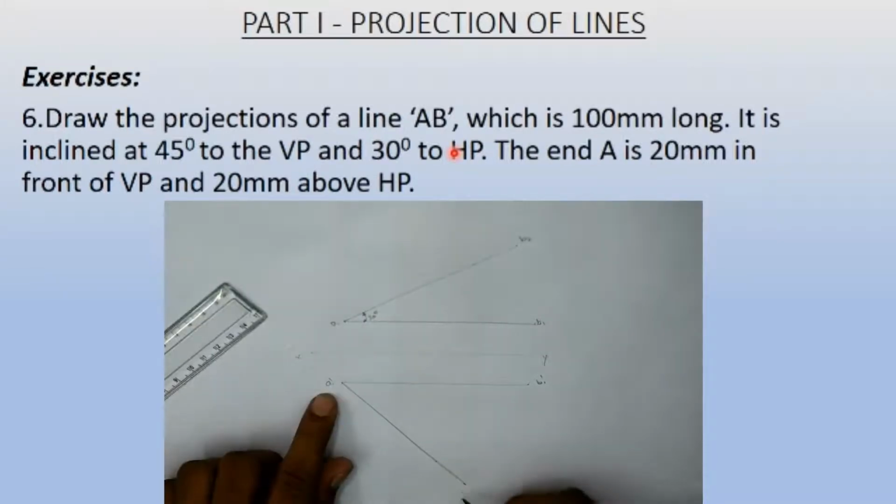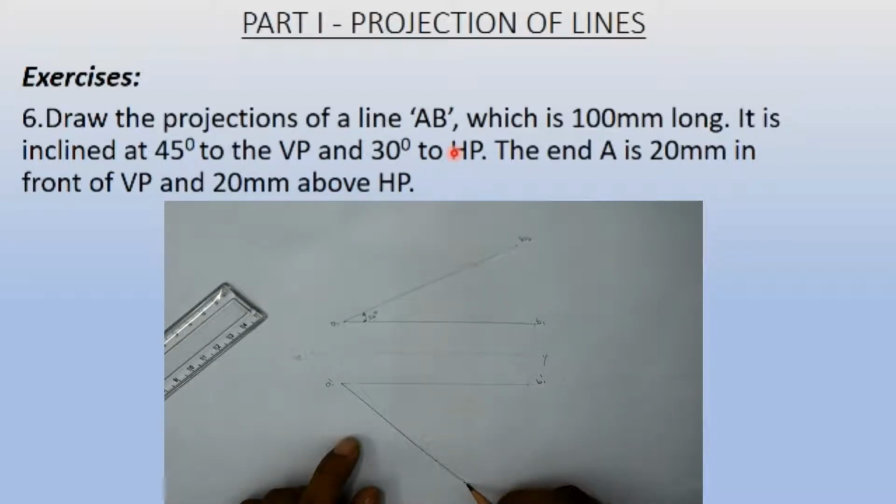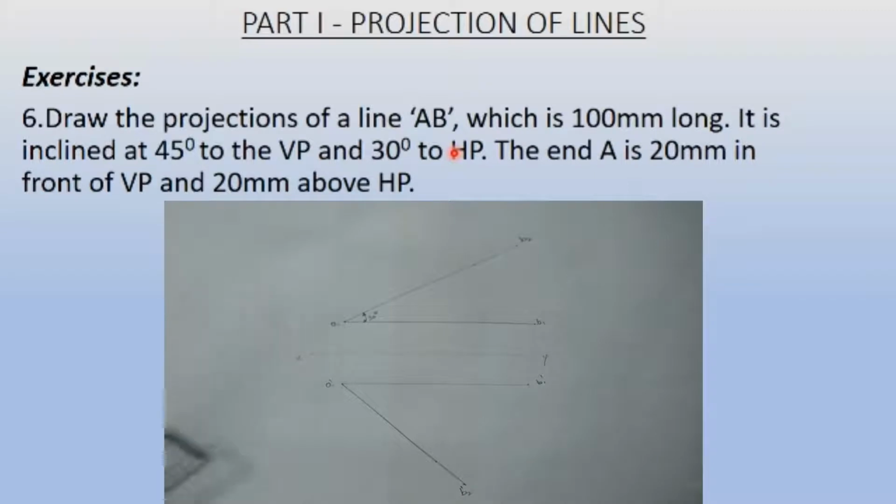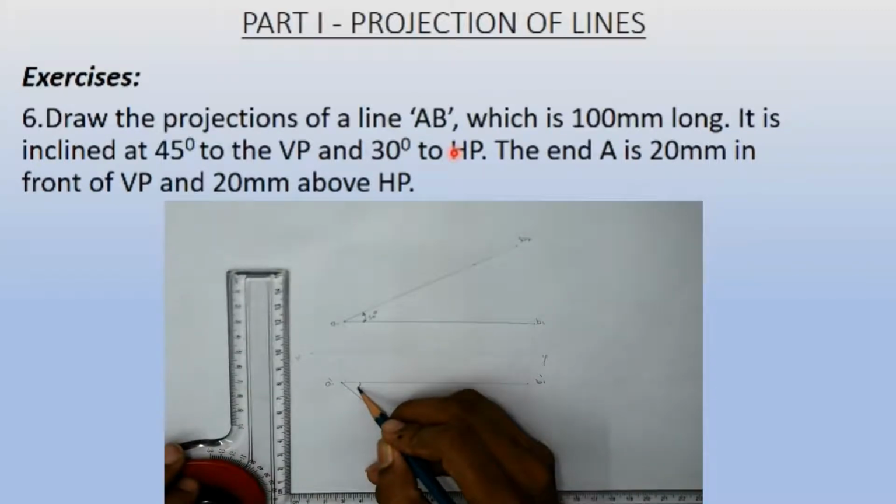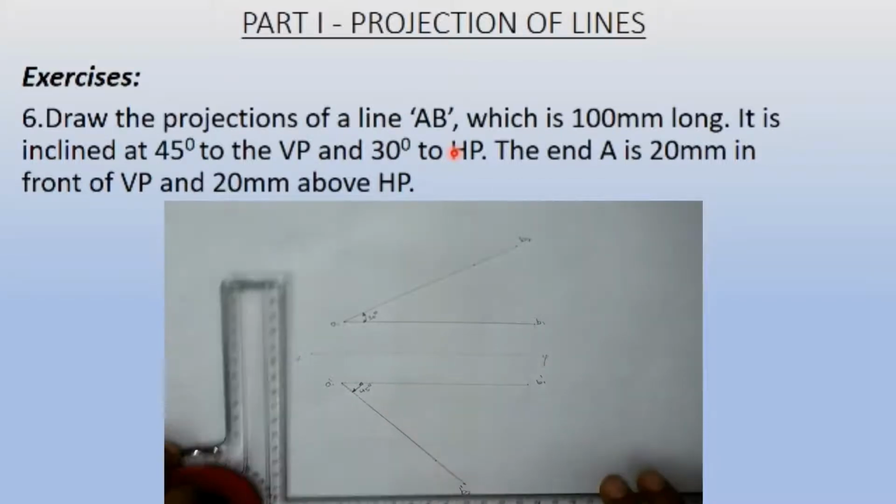This is again 100 mm. Say this point as B2 dash. Now here one important thing to note, that it is inclined to both the angles. So even then this is not the final answer.